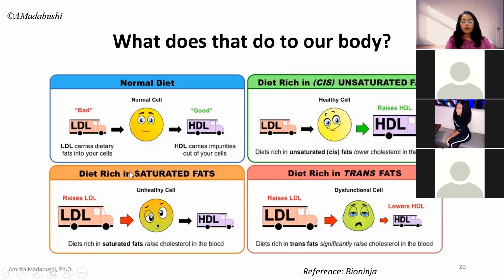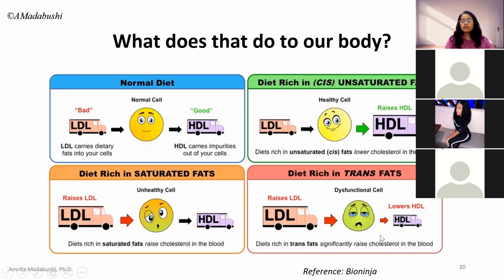Okay. But what happens in case of saturated fatty acids? It raises the amount of LDL. When it raises the amount of low density lipoprotein, it can carry a lot more fat into the cell, but the cell doesn't want the fat, but it's carrying the fat, okay? However, the amount of unhealthy stuff that's going out is less, which means that it is making the cell unhealthy and raising the cholesterol in the blood.